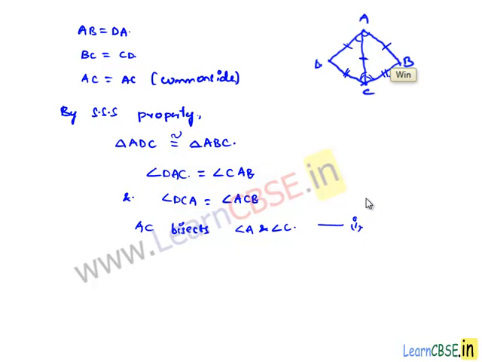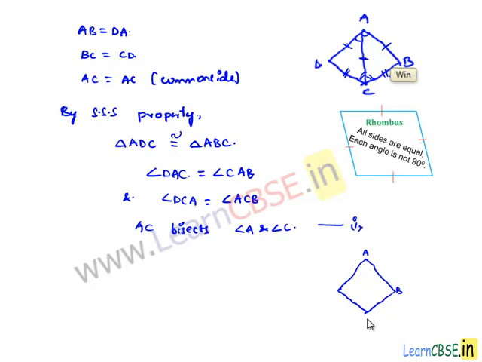Now in order to prove the second proof, that is BD bisects angle B and D respectively, let us consider the same rhombus ABCD, this time with BD as diagonal.